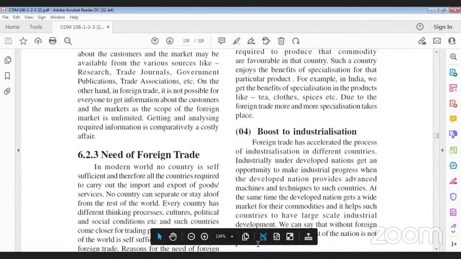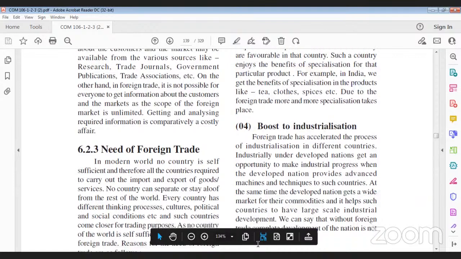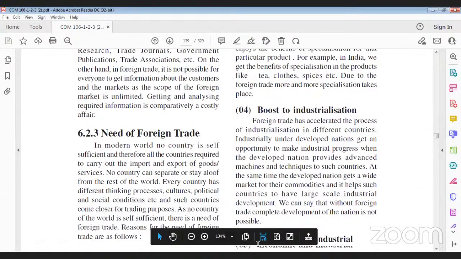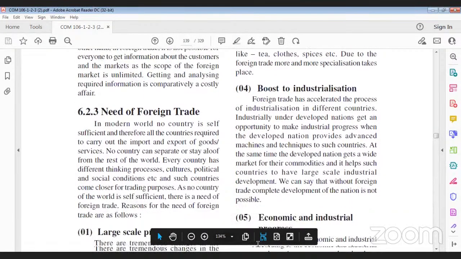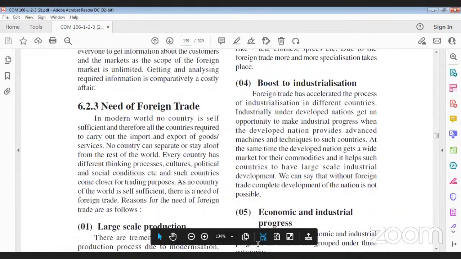No country can stay aloof from the rest of the world. Every country has different thinking processes, culture, and political and social conditions. In this way, countries come closer for trading purposes, since no country in the world is sufficient by itself, and there is a need for foreign trade.